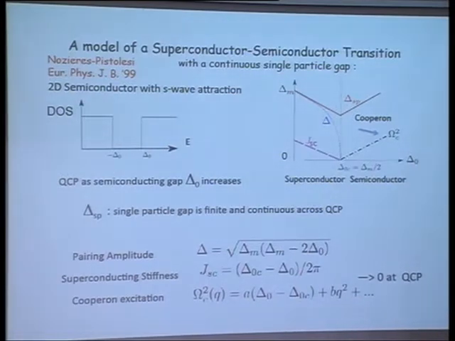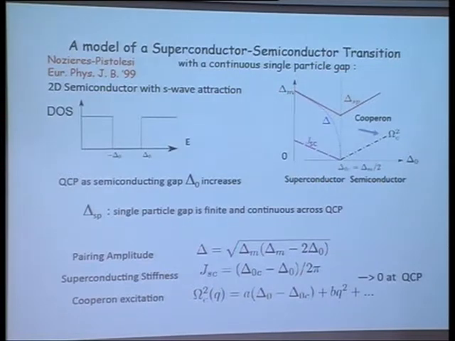Eventually, when this semiconducting gap is big enough, we make a transition to a semiconductor in the normal phase, and now the single particle gap here, the normal phase, of course, is now the stable phase out here, this standard semiconductor. The single particle gap is just the semiconducting gap.